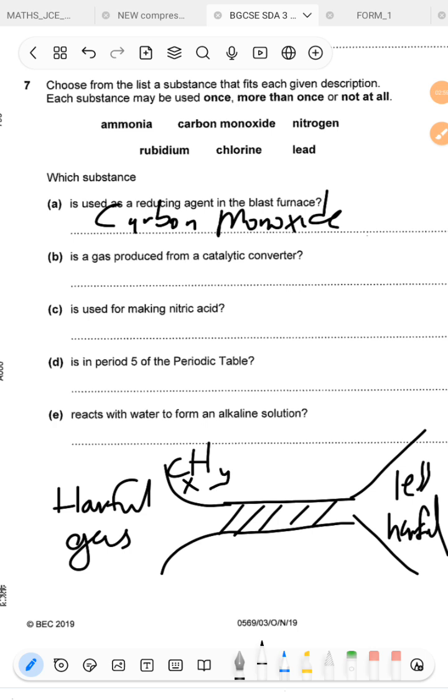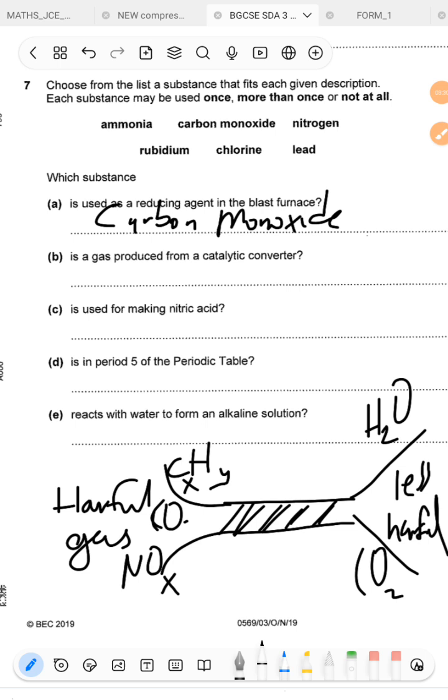And then you can have carbon monoxide, and then you can have nitrogen oxides. We put an X there because you can have nitrogen monoxide, nitrogen dioxide, etc. Now inside the catalytic converter, you're going to change these harmful gases into less harmful gases like steam, H2O, carbon dioxide.